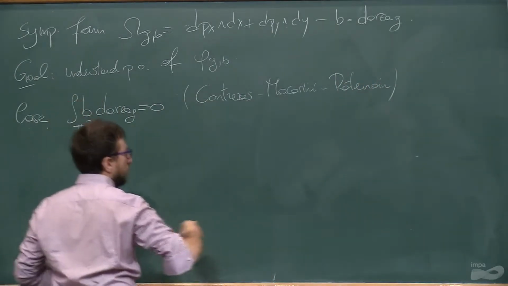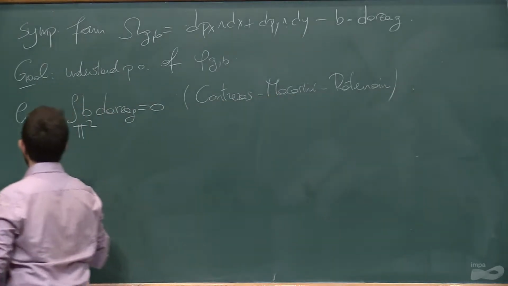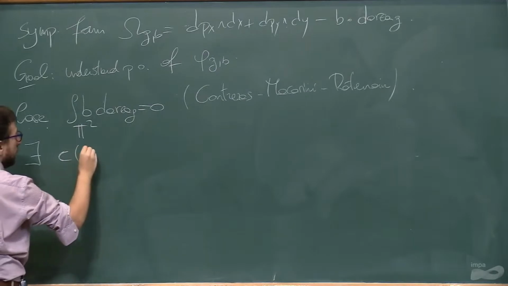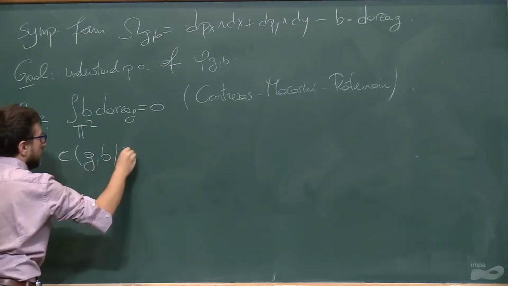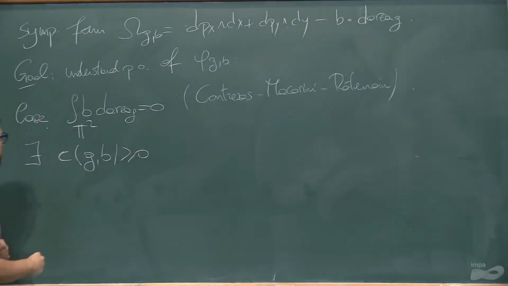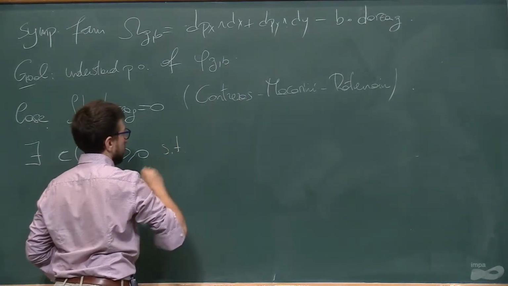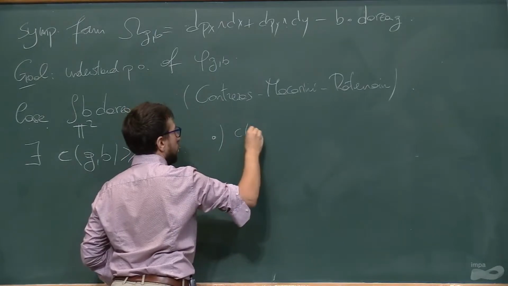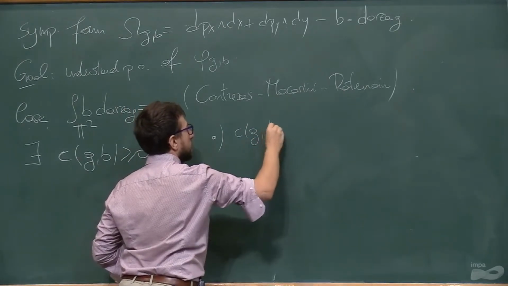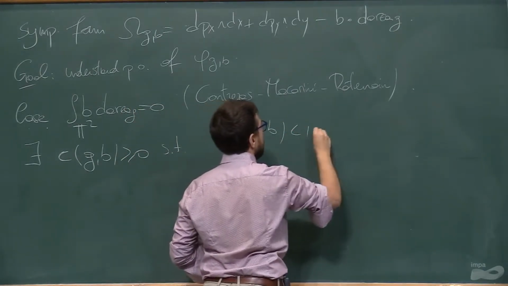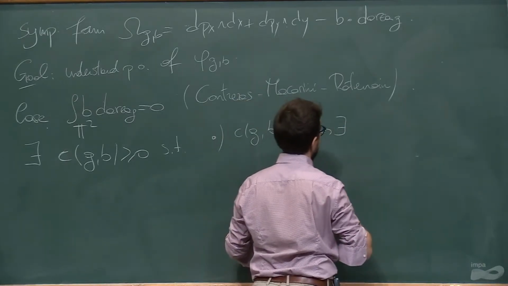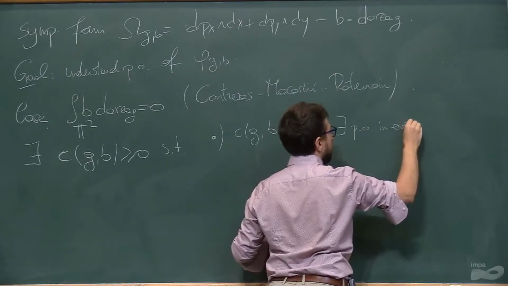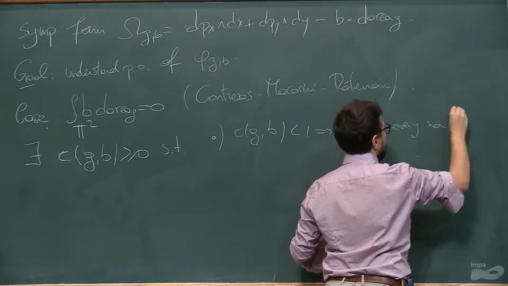And what they showed is that there exists some value, which is the Mañé critical value of the system, which is a non-negative number, such that if this value is less than 1, then there exists a periodic orbit in every non-trivial free homotopy class.